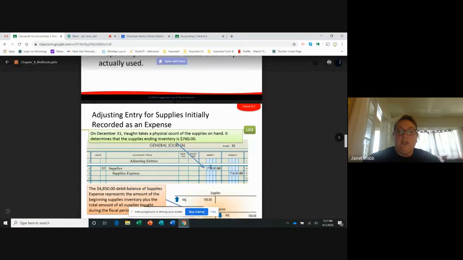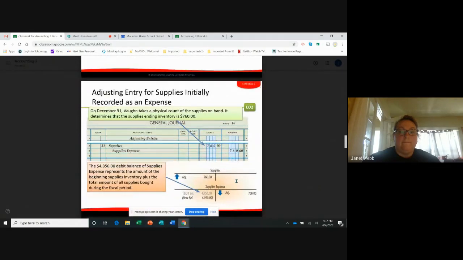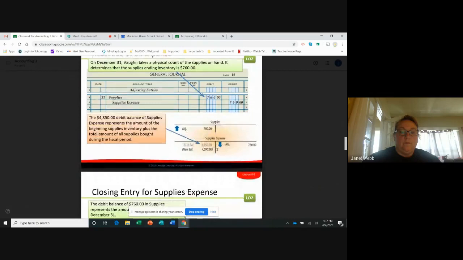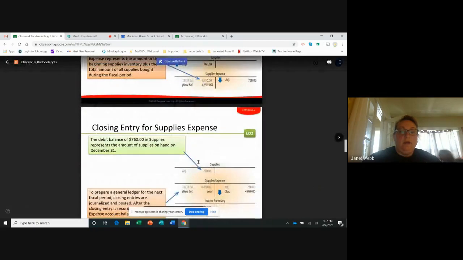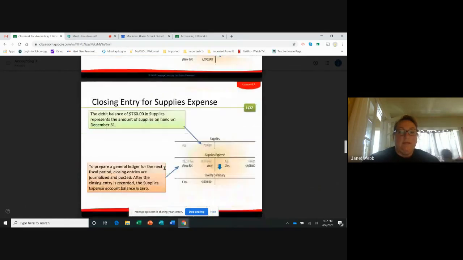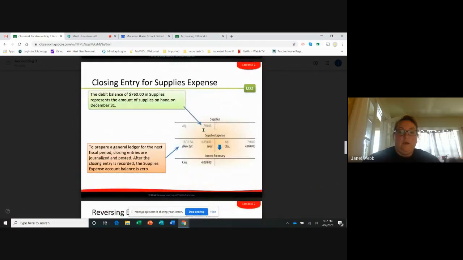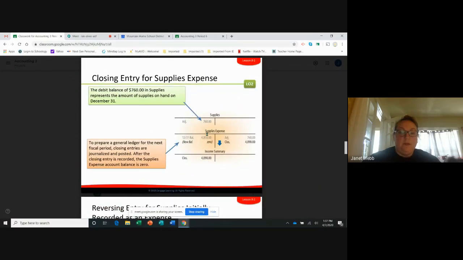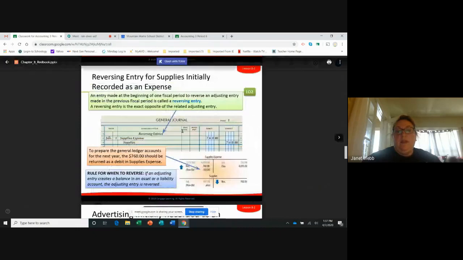So here's one of our regular adjusting entries. And then down here, they show the debit balance of 7 in supplies, which represents the supplies on hand. So they show how much we have in our supplies. We start the beginning of the year with that amount, but then we have less, so we're going to take that amount out.